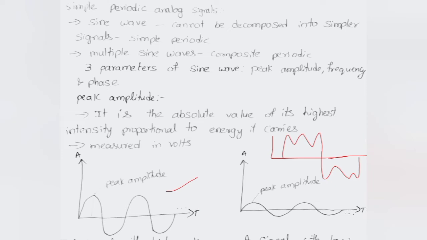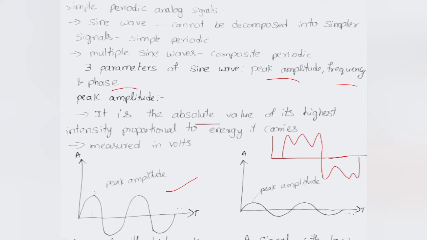The next one is the peak amplitude. We have three parameters of the sine wave, that is the peak amplitude, frequency and phase. The peak amplitude is the absolute value of its highest intensity, proportional to the energy it carries. We can represent the amplitude of a sine wave as the peak.